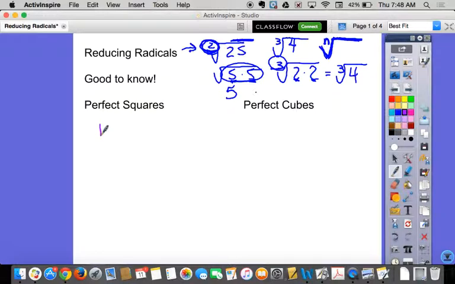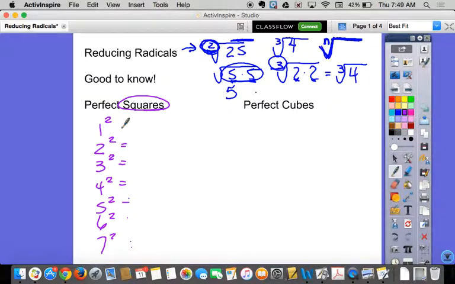All you have to do is come over here, and when it says perfect squares, you make your little list. 1, 2, 3, 4, 5, 6, 7, just keep on going, and then come back through and square every one of these numbers, and of course you can go as far as you need. 1 times 1 is 1, 2 times 2 is 4, and this is 9, 16, 25, 36, 49, and so on and so forth.